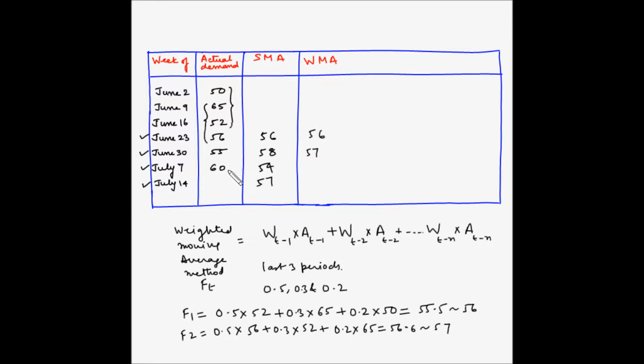Next, we have the week of July 7th. The last 3 periods are these. So F3 is equal to 0.5 multiplied by 55 plus 0.3 multiplied by 56 plus 0.2 multiplied by 52.